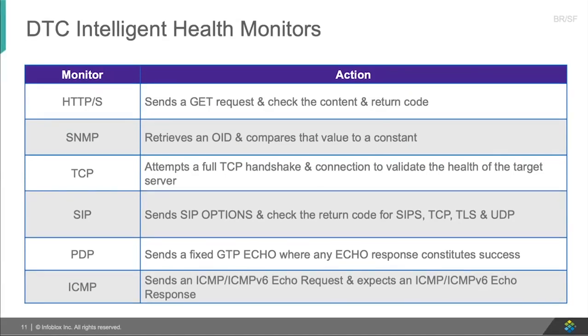You can do certificate checks, and you can even put in a username and password, and you can look for certain responses coming back from the server, so you know that that's the most optimal and healthy server, not just doing a standard TCP check. So there's a bunch of different ways to check the server's health. SNMP, we'll get into the SNMP one in a little bit, but that's a pretty new one as well.